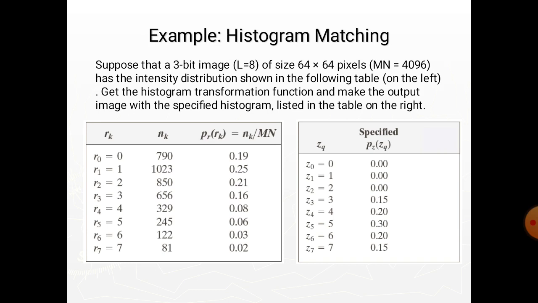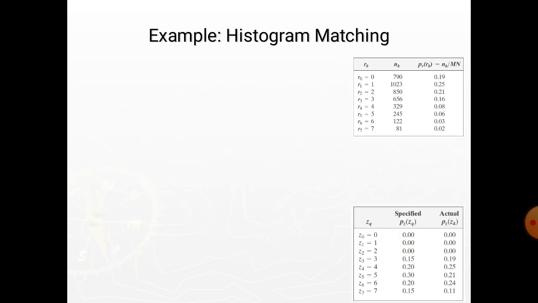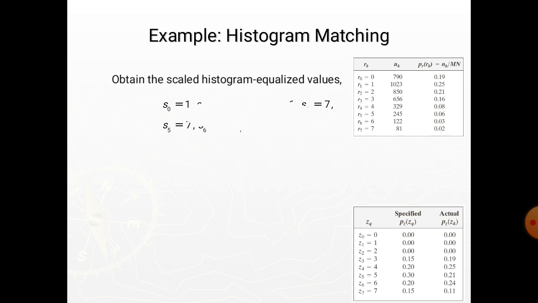Suppose that the 3-bit image with L equal to 8, of size 64 by 64 pixels, has the intensity distribution shown in the following table.